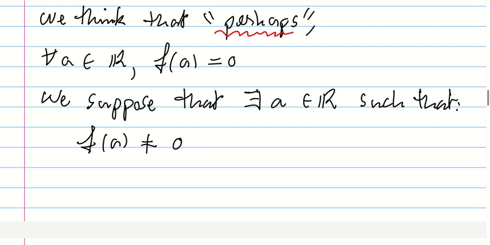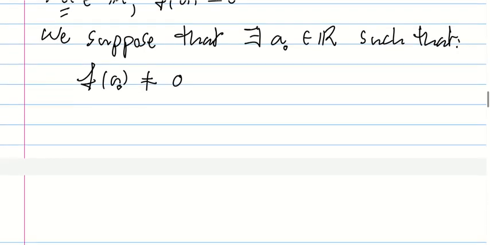Or rather, there exists a real a 0, to say that it is fixed, so as not to think that I'm speaking about all a. And in this case, we have the following assertion.